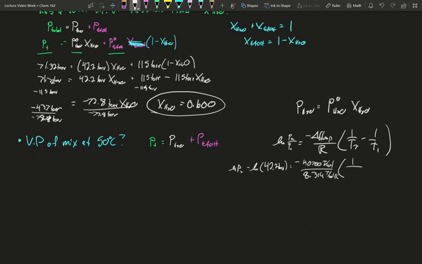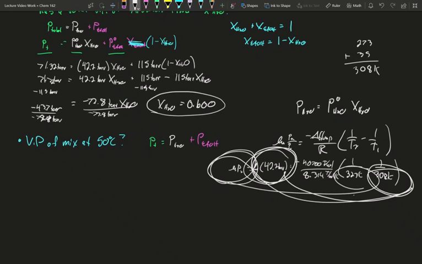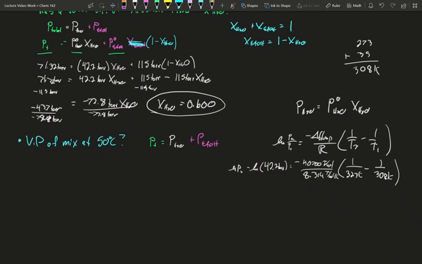Temp 2 is the temperature we're heading for, which is 50 Celsius, that's the pressure we're trying to solve for. So 323 Kelvin minus the temperature at pressure 1, which was 35 degrees Celsius, 273 plus 35, 308 Kelvin. Because we knew that vapor pressure when it was pure at 35 degrees Celsius, we can now solve the vapor pressure at 50 degrees for water.